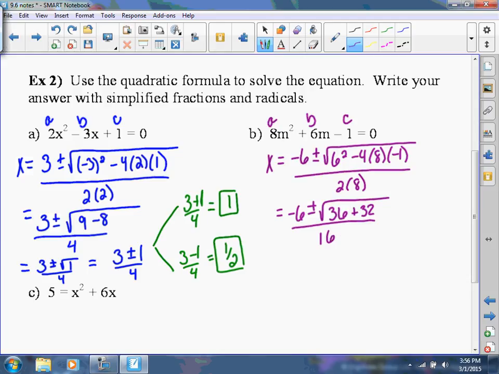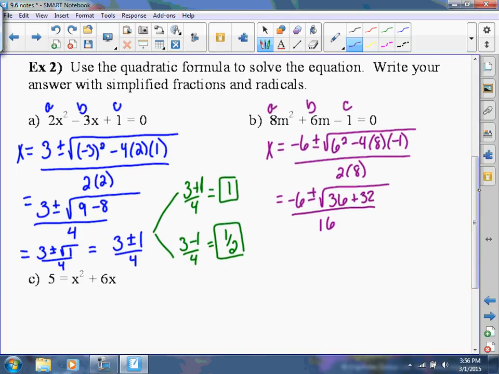Now, sometimes when you're dealing with the quadratic formula, you get really big numbers. That's okay. Better to deal with the big numbers here than on a graph, okay? So I'll have negative 6 plus or minus the square root of 68 when I add those together, all over 16. Now, 68 isn't a perfect square, but I can break it down.